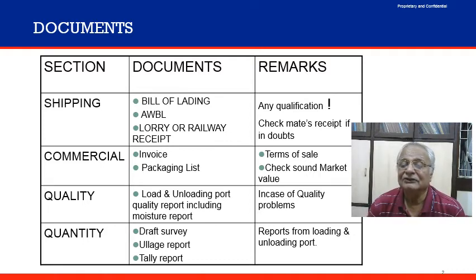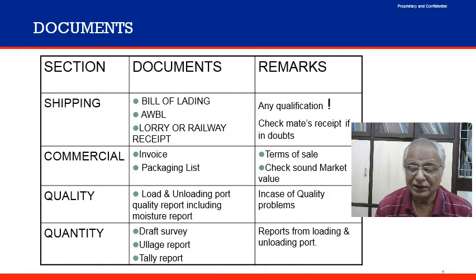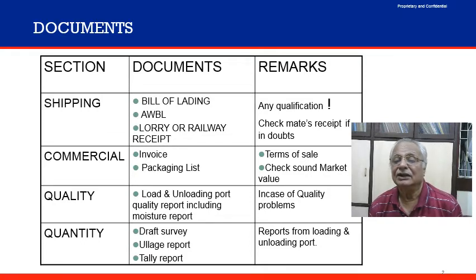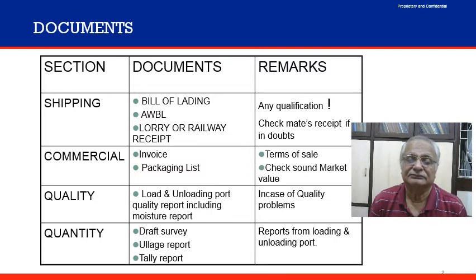But the invoice will also tell you whether it is a falling market, a rising market, or a steady market, because from the invoice cost you can go to the market and find out the total cost of that particular item, the sound market value. Because in marine insurance, sound market value and damaged market value are the basis for giving an allowance or depreciation for the losses. So this is very important about the invoice, type of invoice, terms of sale, etc.